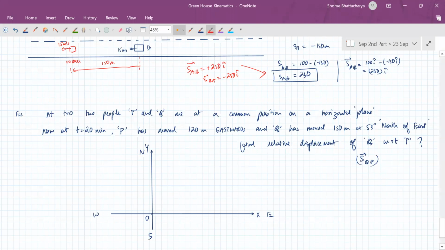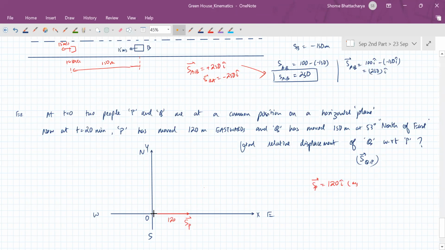So what is P's displacement? It is a displacement towards the east of 120 meters. So I can show it as a vector like this. This is the displacement of P, or I can write it in component form as 120 i cap meters. But similarly, what is Q's displacement?